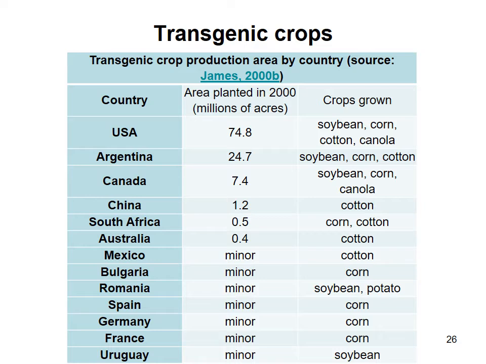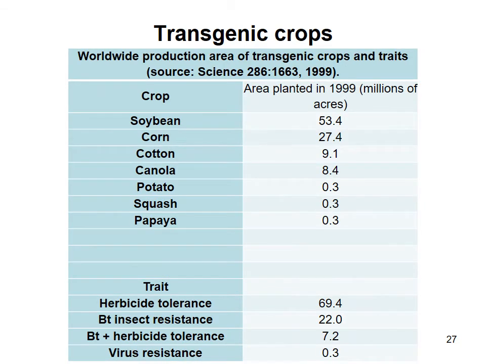And in addition to these crops listed here, minor acreages have been planted to transgenic potato, squash and papaya. This table summarises worldwide production area of transgenic crops as of 99, and also some of the traits are listed here. For example, herbicide tolerance, Bt insect resistance and virus resistance.